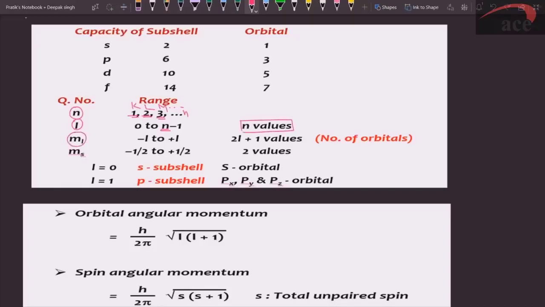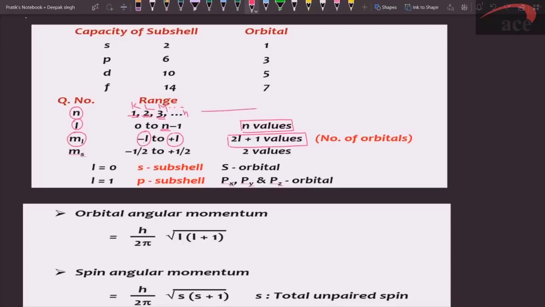ML is called the magnetic quantum number, and its range is minus L to plus L, and the formula to calculate the number of values is 2L plus 1. It indicates the number of orbitals.